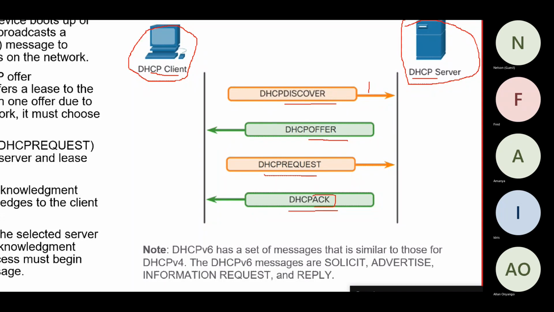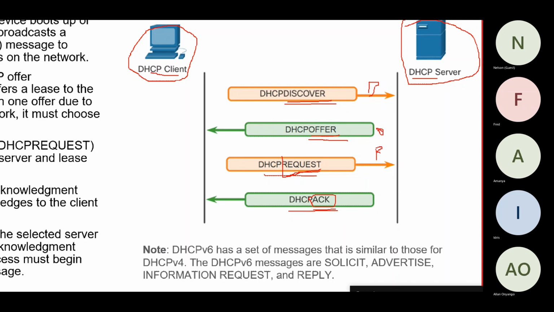All right. And so I'm trying to form a mnemonic here, with the words discover, offer, request, and acknowledge. And I just came up with a word called DORA. DORA is the mnemonic for mastering the 4 messages transmitted with DHCP.